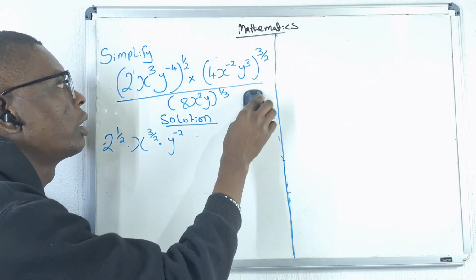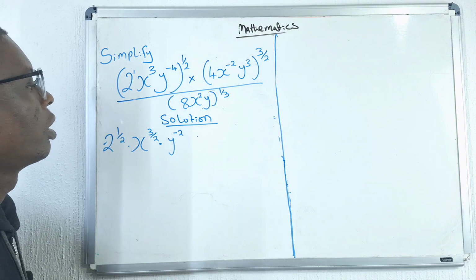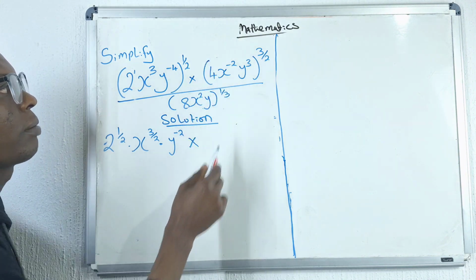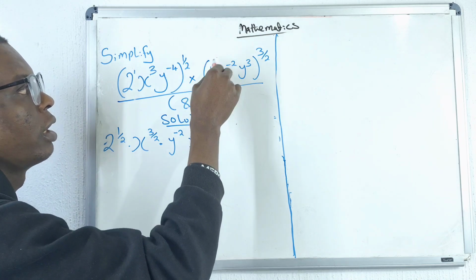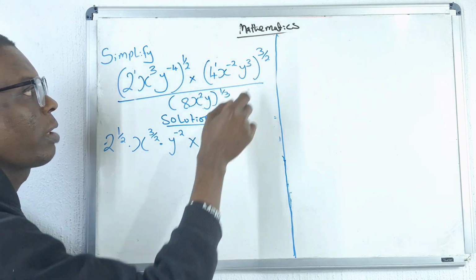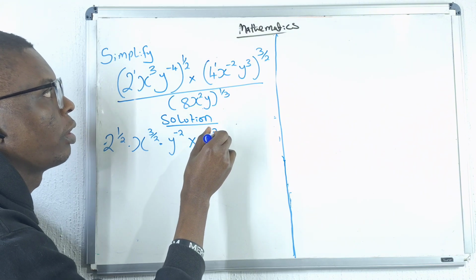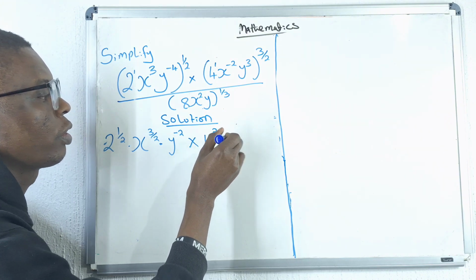So we now have a multiplication. The same thing occurs here. This has a power of 1, so 1 times 3 is 3, so I have 4 raised to the power 3 over 2, dot.